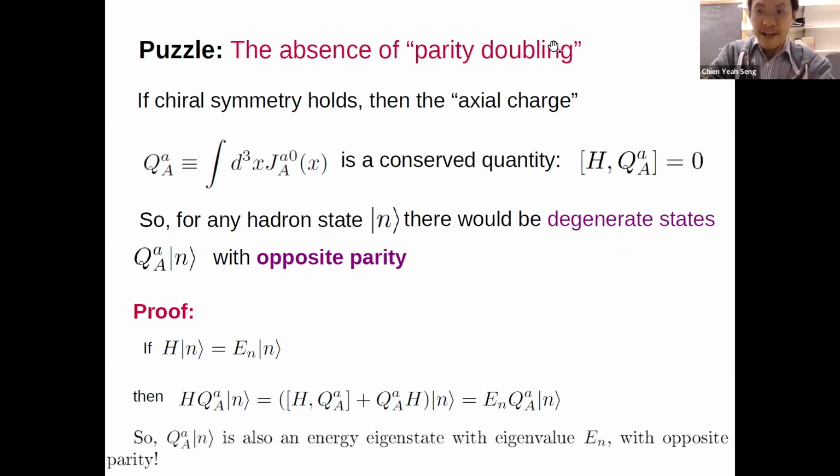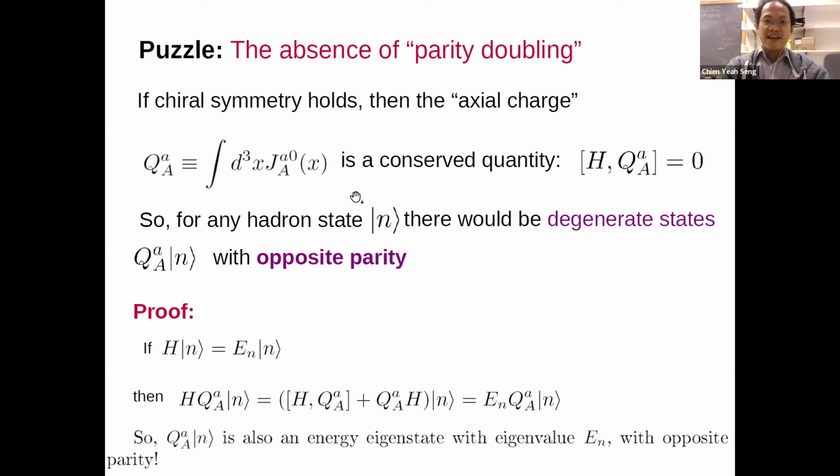Parity doubling is the observation that if chiral symmetry holds, then for any hadron, there should be another hadron of degenerate mass, but with opposite parity, because we can form an axial charge, which is a conserved quantity. In quantum mechanics, conserved means it commutes with the Hamiltonian.